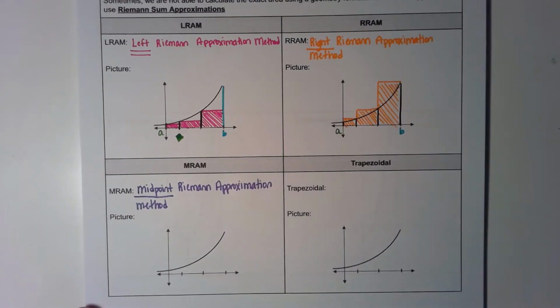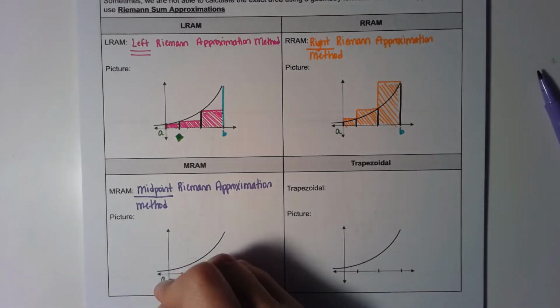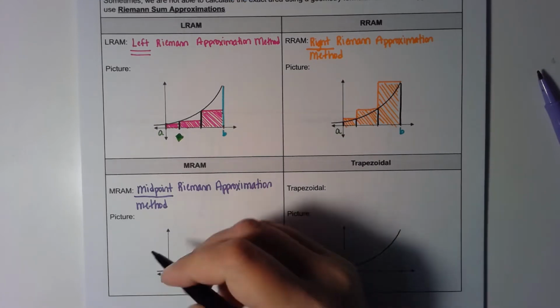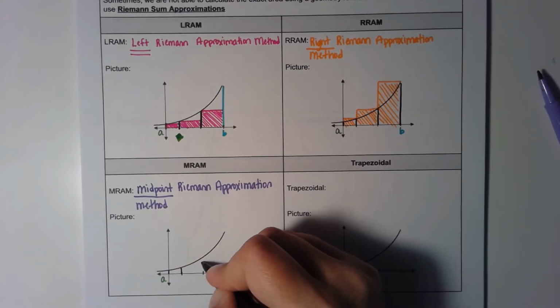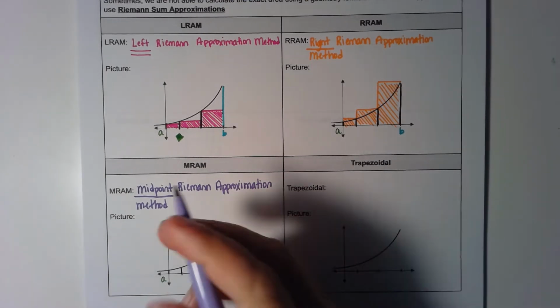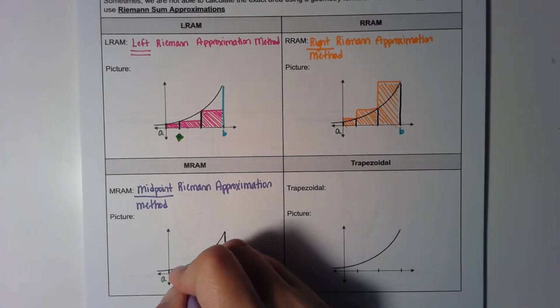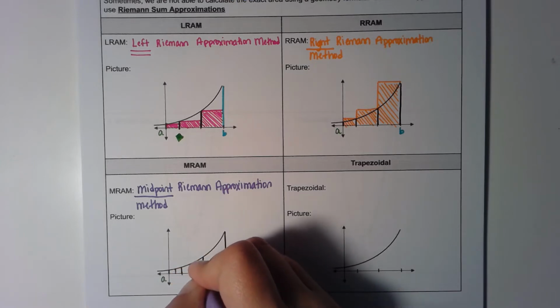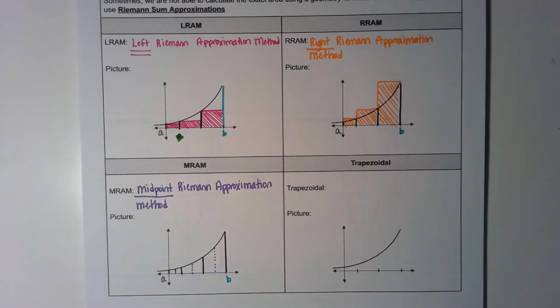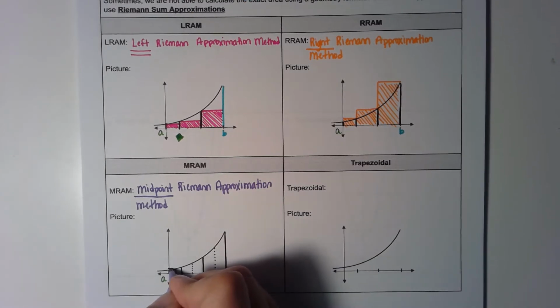So we're going to start the same way. Let's say we're integrating from A to B, and you want to find that area. You're going to start by dividing this graph up into subsections. And then, in order to find the midpoint within each of these subsections, you're going to find the height in the middle. Then you're going to use that height to make your rectangles.